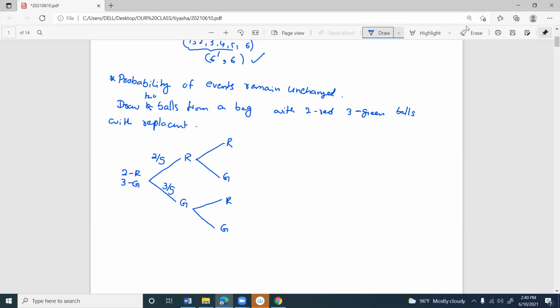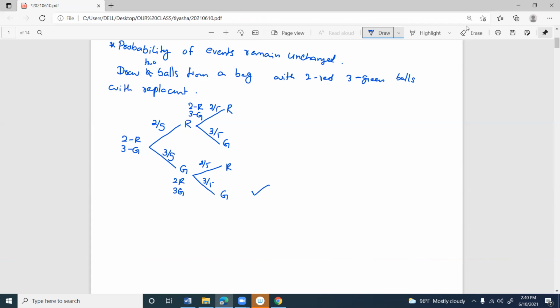Since it's replaced, the ball you observed in the first draw is already replaced over here. So this one also 2/5 and this one also 3/5. So the probability remains unchanged. The red probability is the same, the green probability is also the same. So this condition is satisfied.